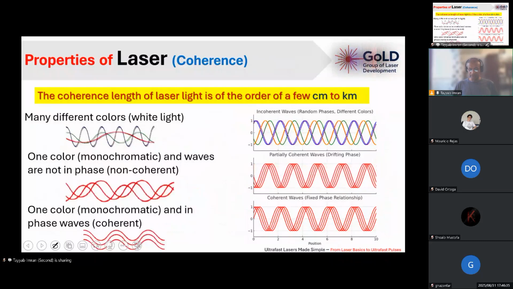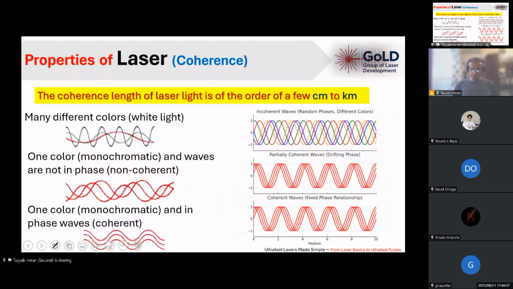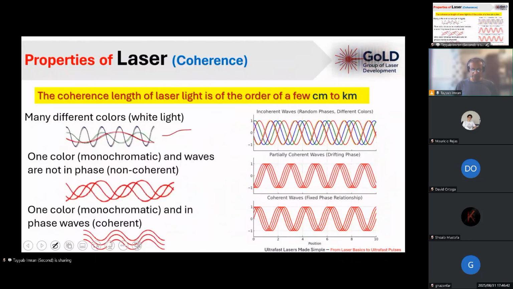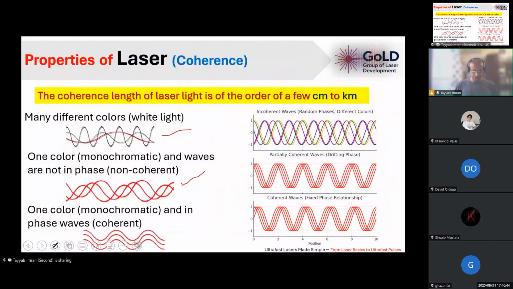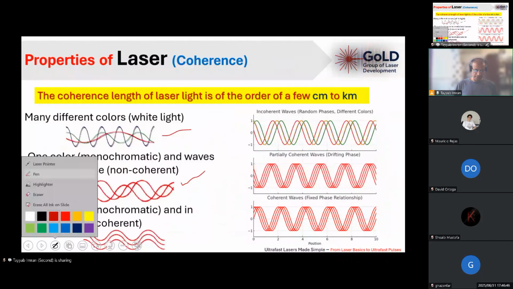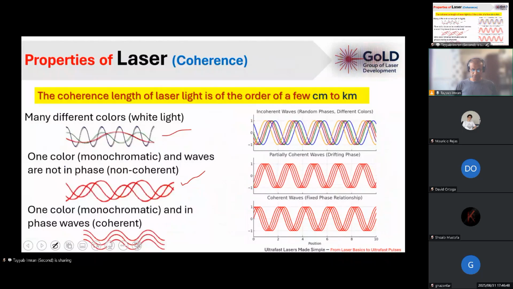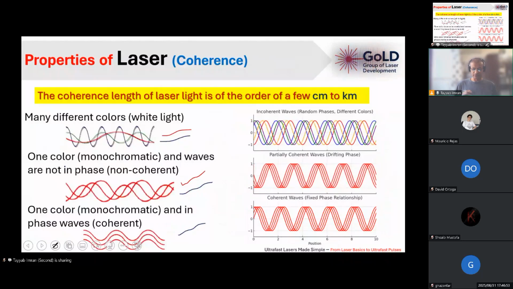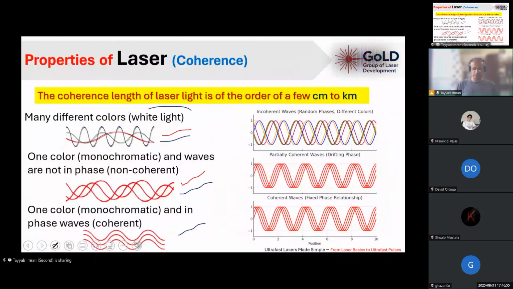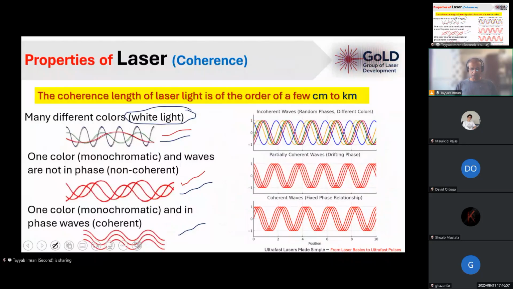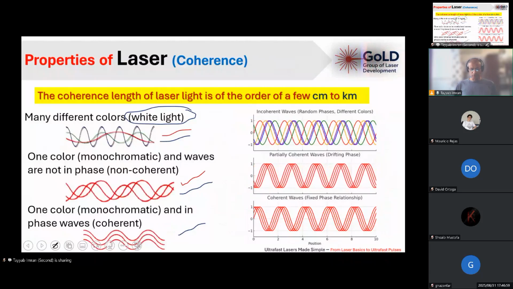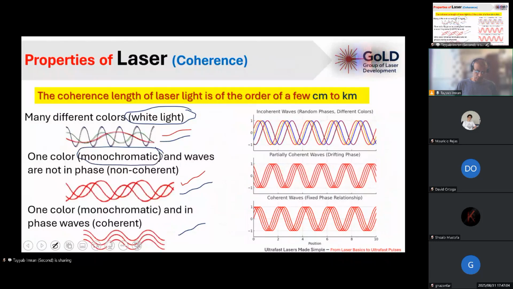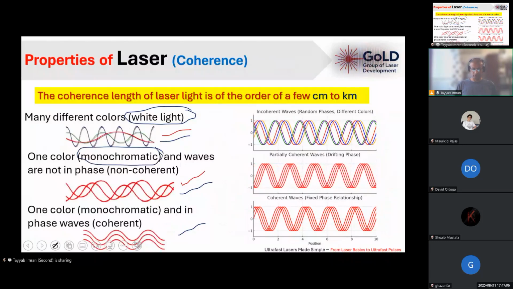If you have different colors here, you can see the different color wavelengths. It's red here. Here are different colors. This is white light, with many different colors. And this is one color, which means it's monochromatic.